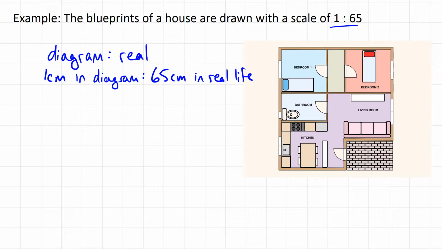Or it doesn't have to be 1 centimeter to 65. If you measured 2 centimeters in the diagram or in the blueprints, that would correspond to 2 times 65 is 130 centimeters in real life. Real life being the actual built house.